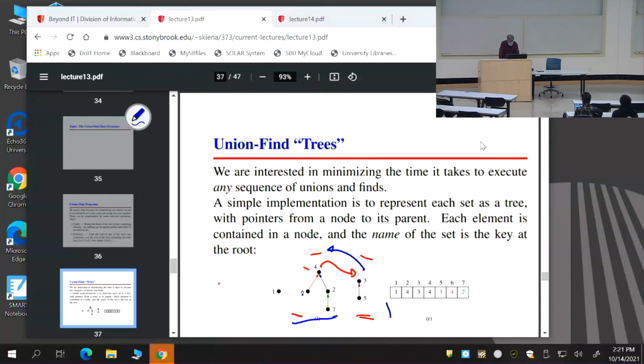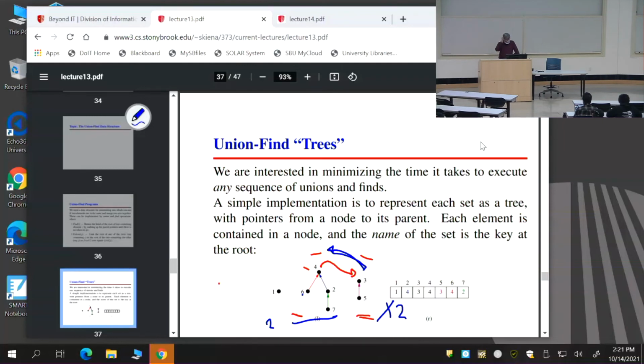If, on the other hand, I pick the blue edge, the height goes to 2. The maximum depth did not change. So what do I want to do? I want to have the shorter tree point to the taller tree, so I don't increase the height.